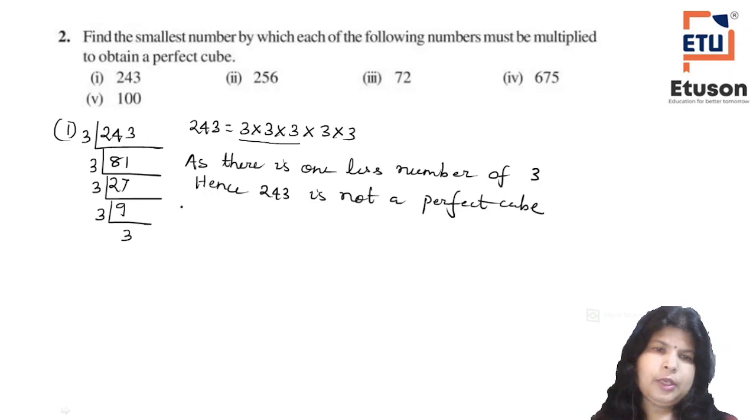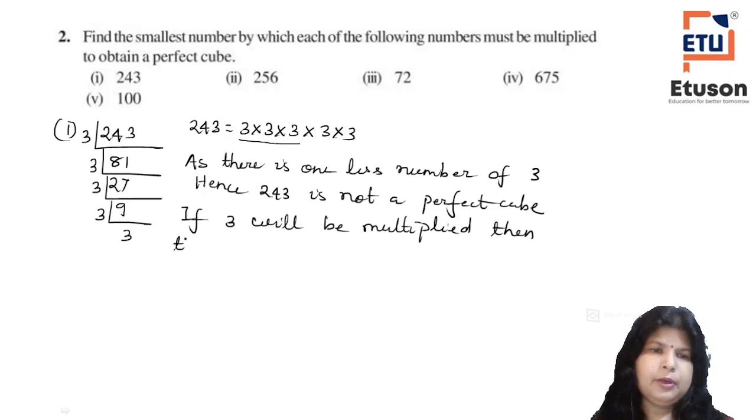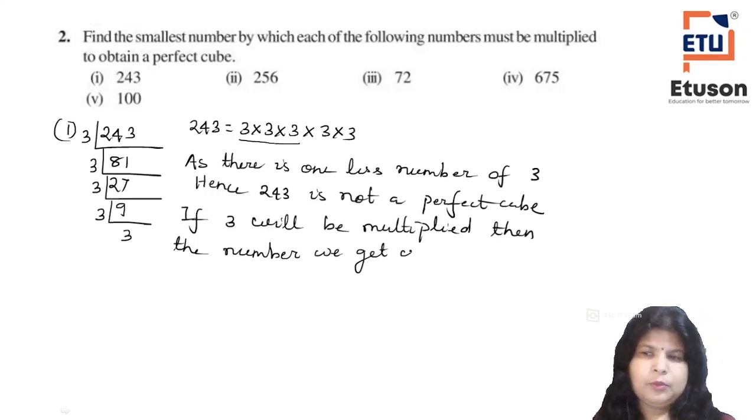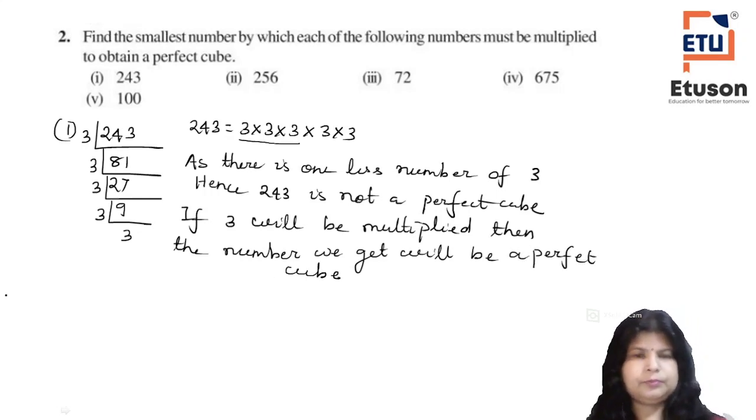If 3 will be multiplied, then the number we get will be a perfect cube, right?